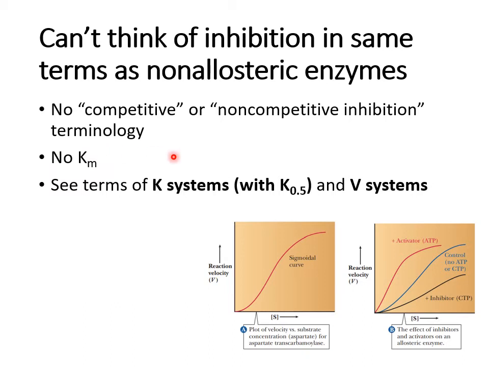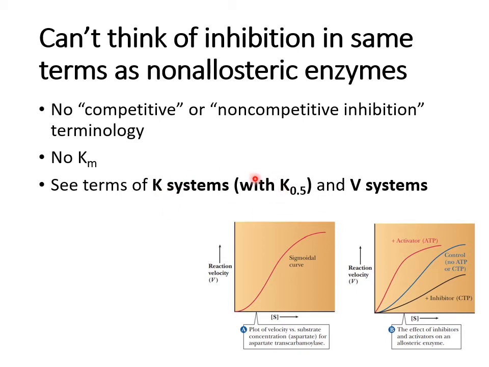Instead, what you'll see are terms like K systems with a K0.5, and V systems. Another difference you'll notice is that when we look at the plots for these allosteric enzymes, it's no longer the hyperbolic plot, where you just had increasing and then flatlining. Now instead you have the sigmoidal curve, which is more like an S shape.